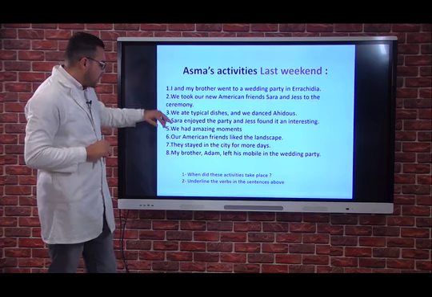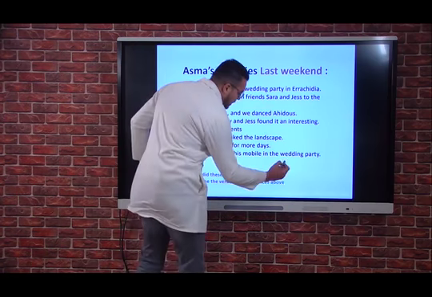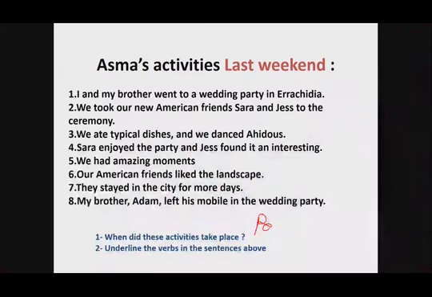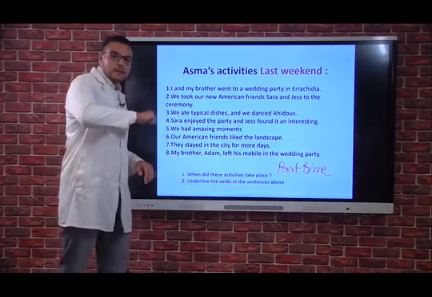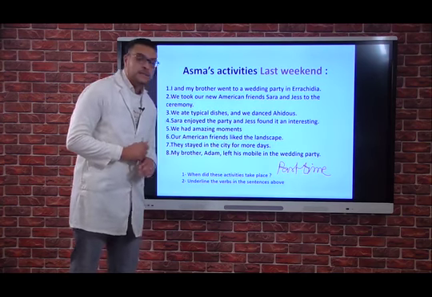Then let's move to number 2. So when I say the last weekend in here, it's the past time. Then number 2, we need to underline or circle the verbs in the sentences above.